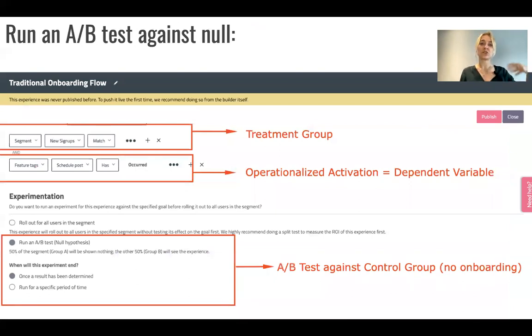So, as in the case of any experiment, you should choose the same treatment group, you should have the same operationalized dependent variable, so activation, and then you should just choose a different experimental condition. So, well, different variants of the same experience.